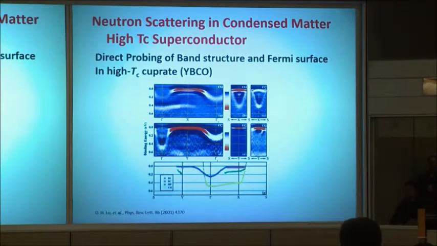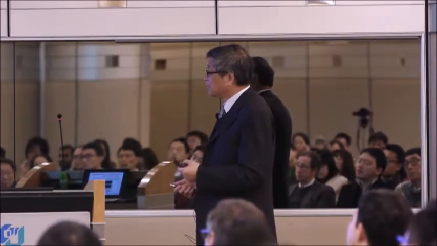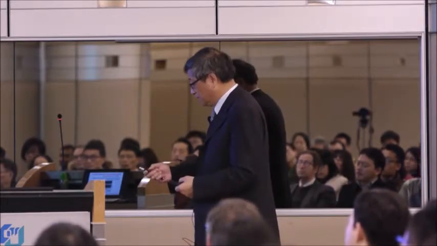And neutron scattering in condensed matter is widely used to study high-TC superconductors. This is the direct probing of the band structure and the Fermi surface in the high-TC. Because neutron scattering is sensitive to oxygen, this could give a much more detailed picture of the structure of the high-TC superconductor.